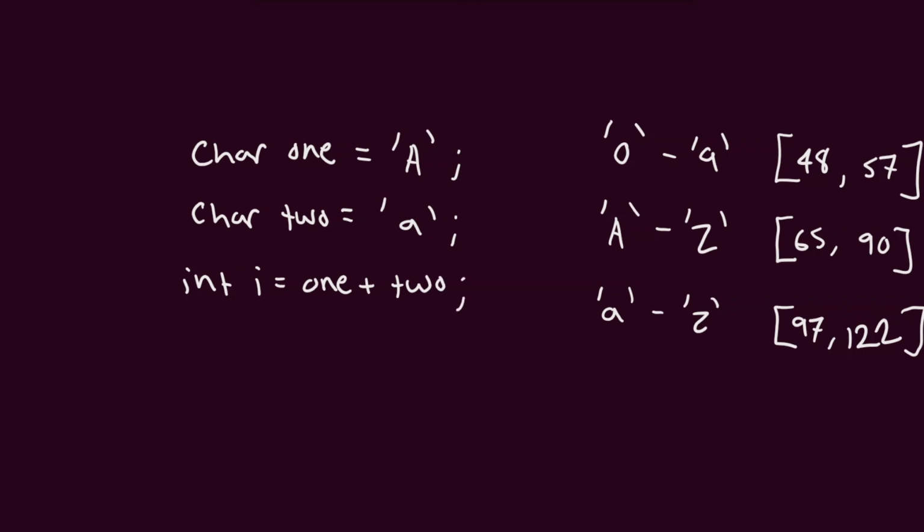Okay, and then if we were to print out i, it would be 65 plus 97, so we would get 162 displayed. Okay, or you could just do it like that. Even though these are not numbers, they have a number hidden behind them. So that's what's so interesting about characters.